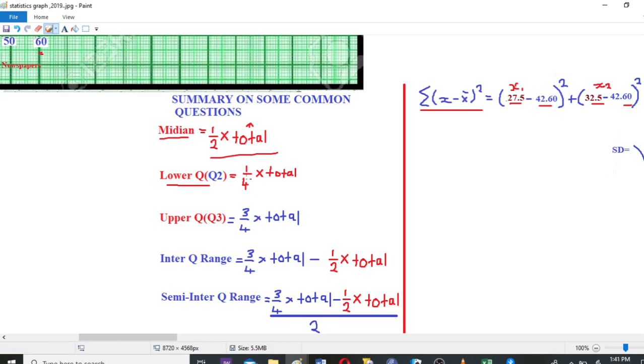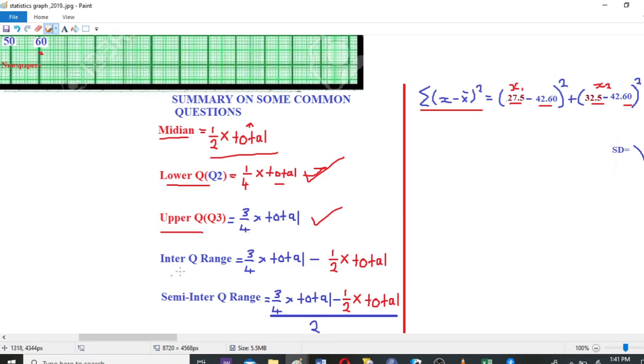You can be asked to calculate this. The formula is 1/4 multiplied by the total. After finding the value, you take that on your graph and obtain the value. You can be asked to calculate the upper quartile. You do the same, just take note of the formula, 3/4 times the total.